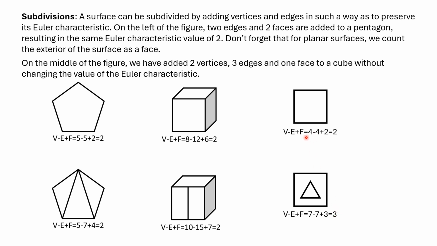So this is not a valid subdivision because it does not preserve the Euler characteristic, and the conclusion is that this topological surface is different from this topological surface.